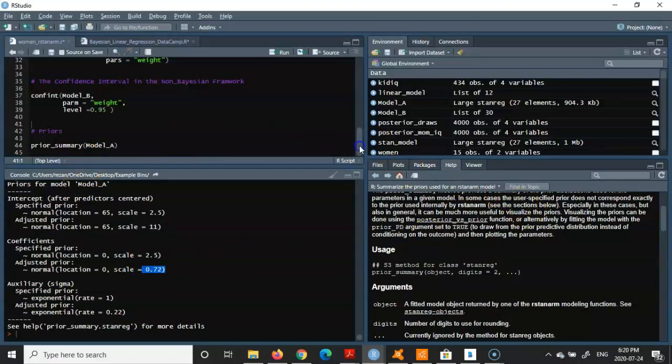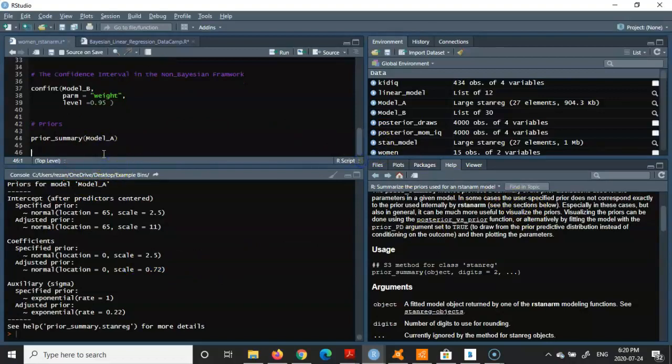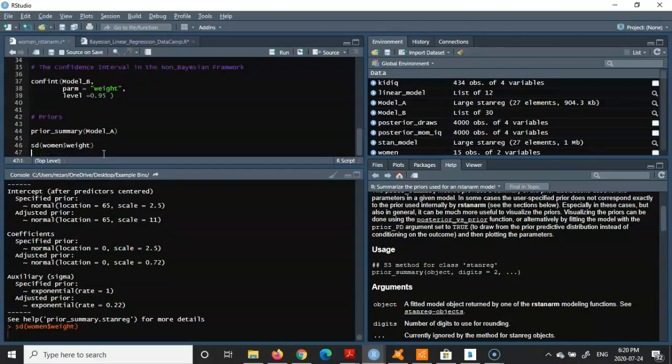It's very easy to calculate the standard deviations in R. I'm just going to do that. You can just put sd, and write the data set as women. In the women data set, your x value was supposed to be the woman's weight.